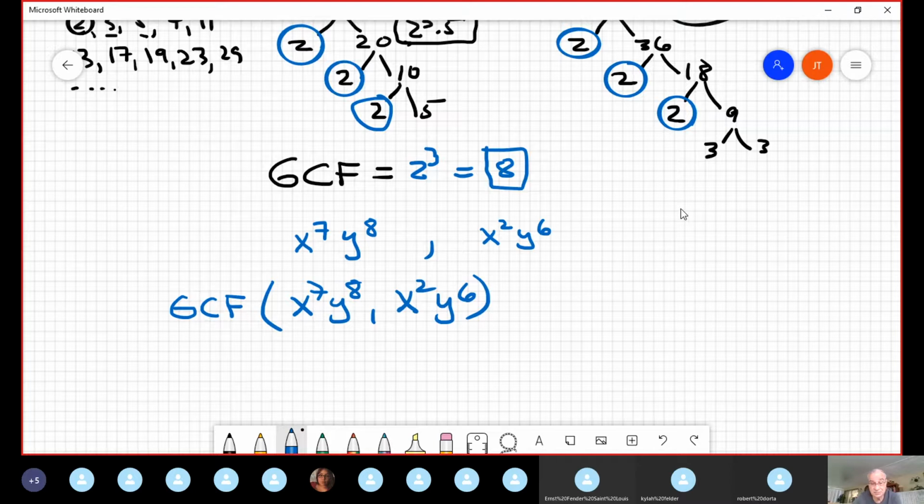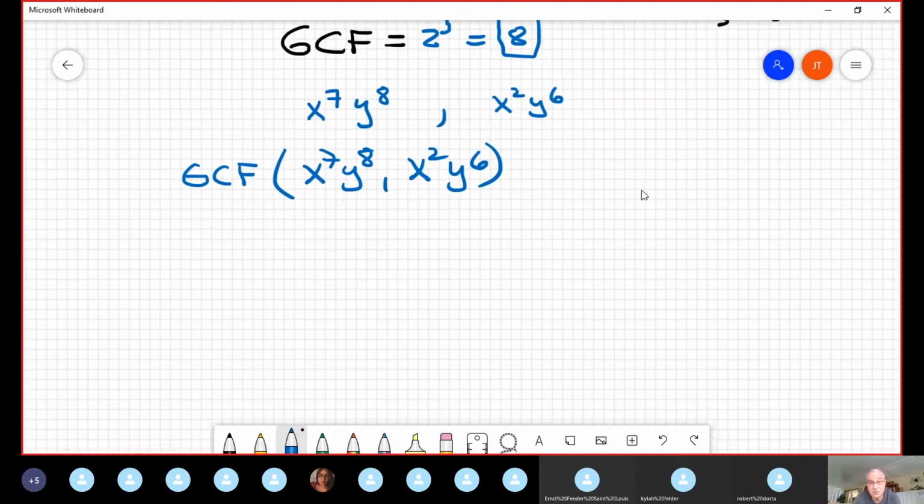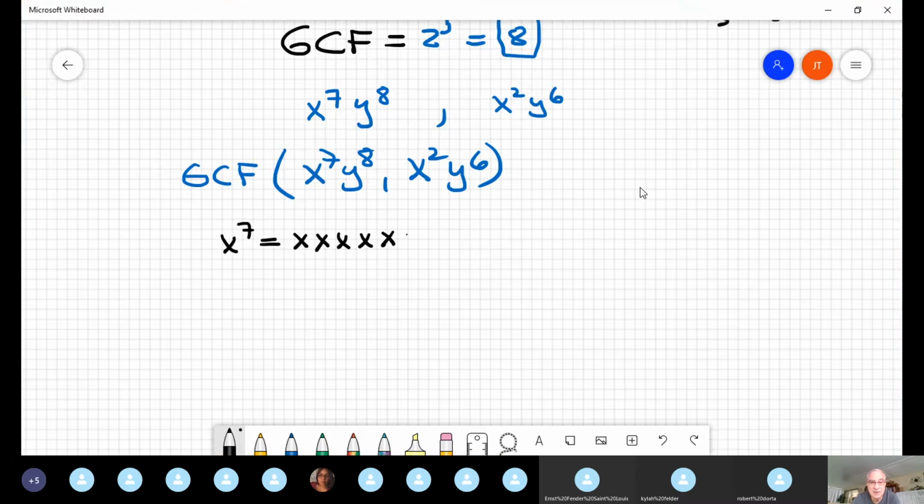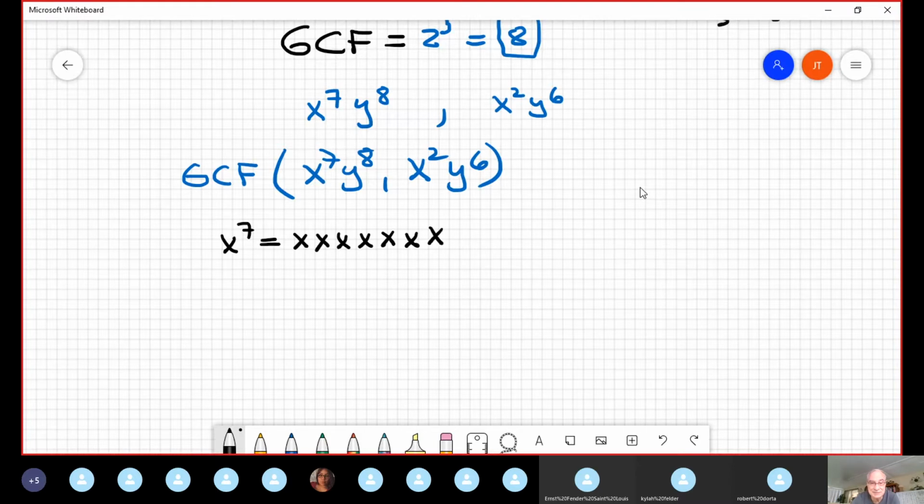Well, I have no idea. Let me try to understand. It's exactly the same. x to the 7 is 1, 2, 3, 4, 5, 6, and 7 x's. And x to the second is only 2. Therefore, the common part is obvious.